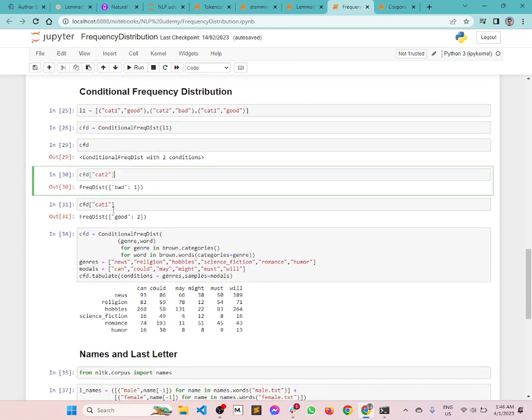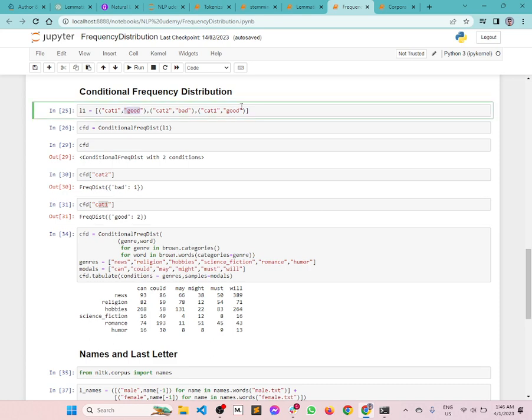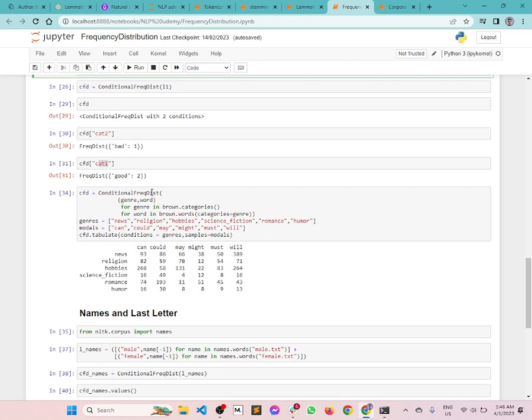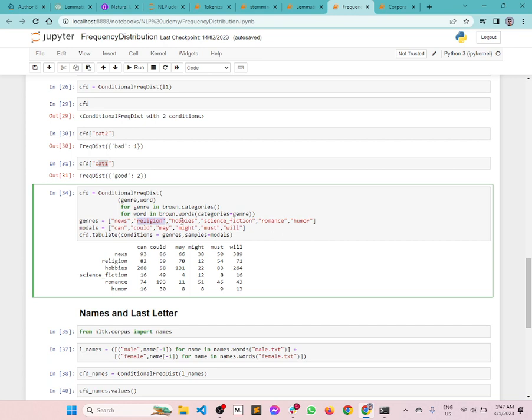And then "good" is probably happening 2 times in this corpus. Yes, first "good", and yeah, 2 times. Then we are generating the whole number which is occurring in the corpus, with different genres: news, religion, hobbies, science fiction, romance, and humor, and modals: can, could, may, might, must, will.